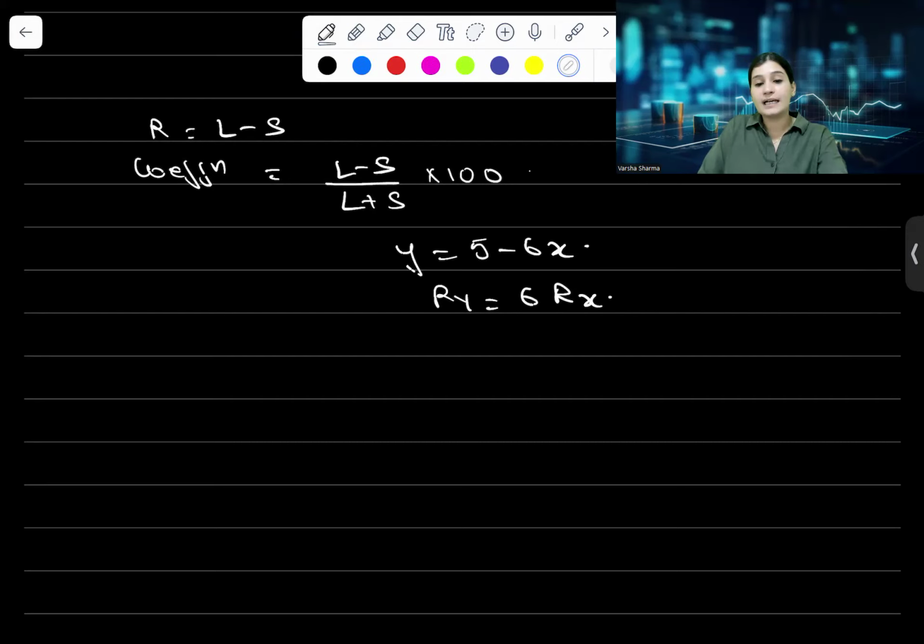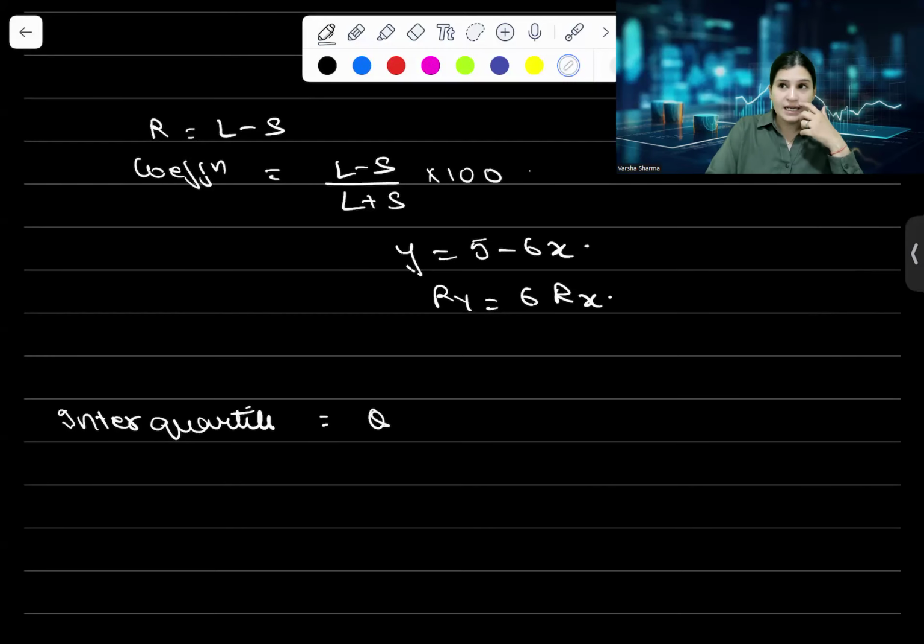Then we moved to quartile deviation. The actual name is semi-interquartile range. When we are talking about range, we are talking about the difference of highest and lowest. If I'm talking about the range within the quartiles, there are three quartiles, Q1, Q2, and Q3. Out of that, the largest quartile is Q3 and the smallest quartile is Q1.